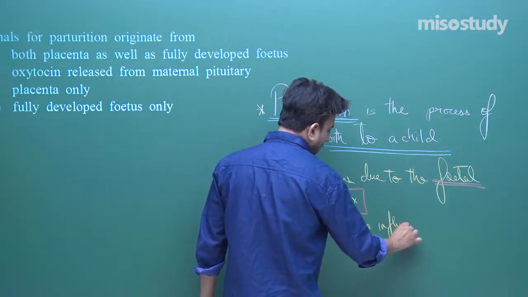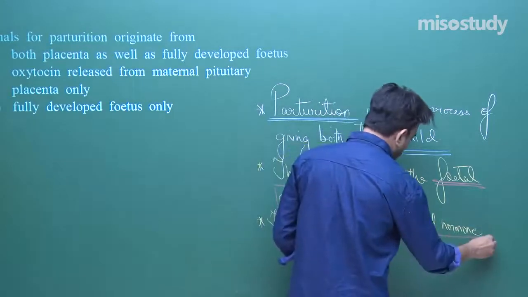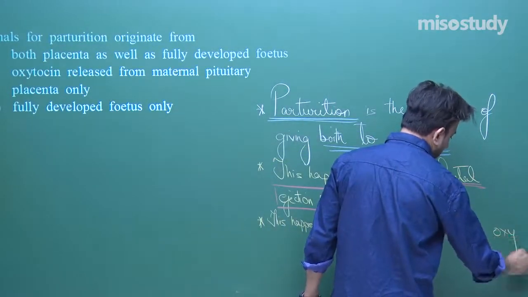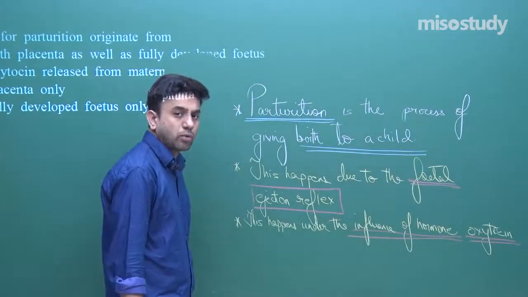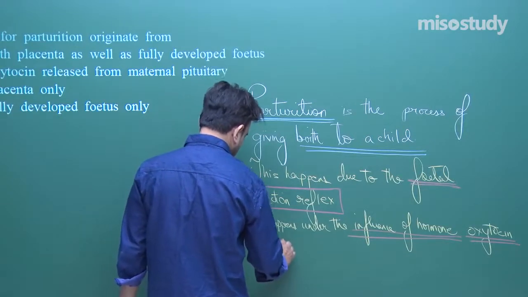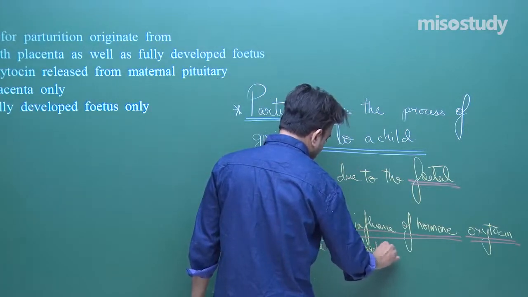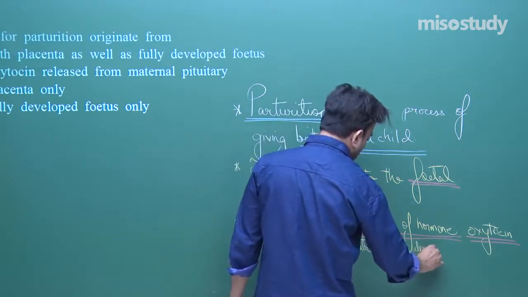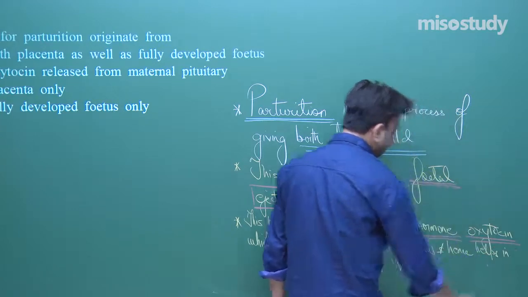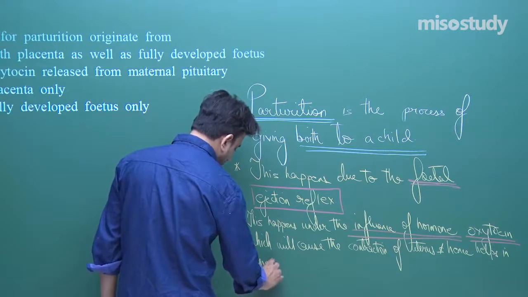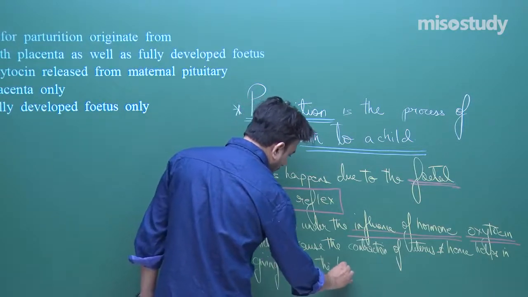Okay, this happens under the influence of hormone oxytocin, which will cause the contraction of the uterus, and hence helps in giving birth to the baby.